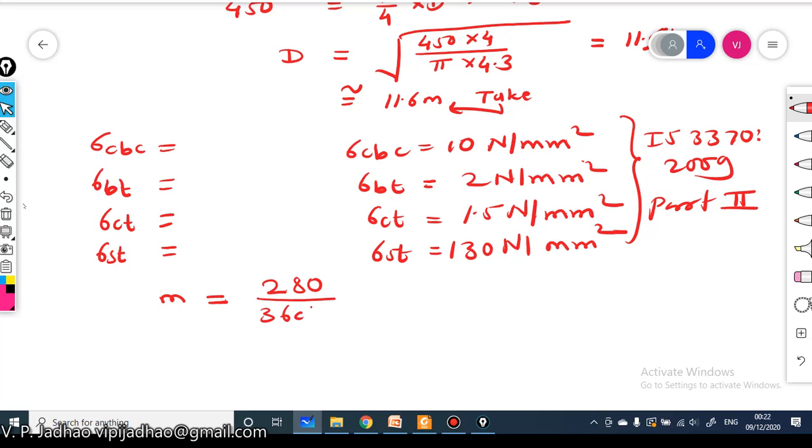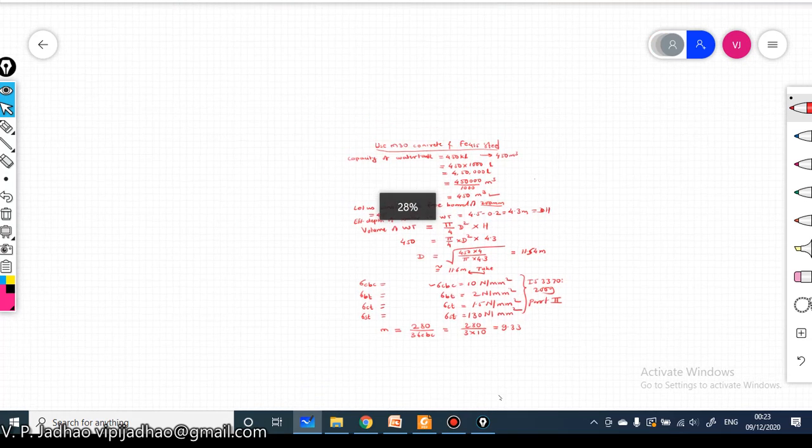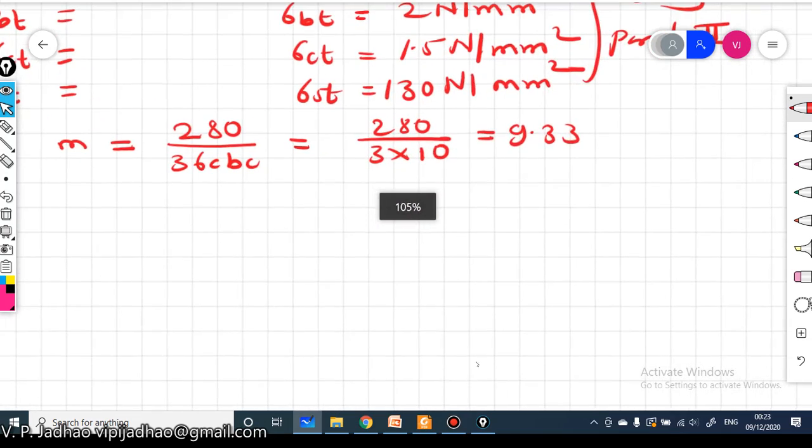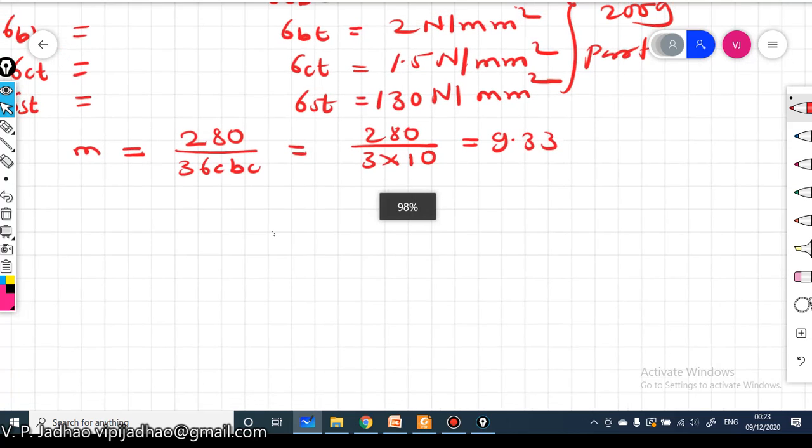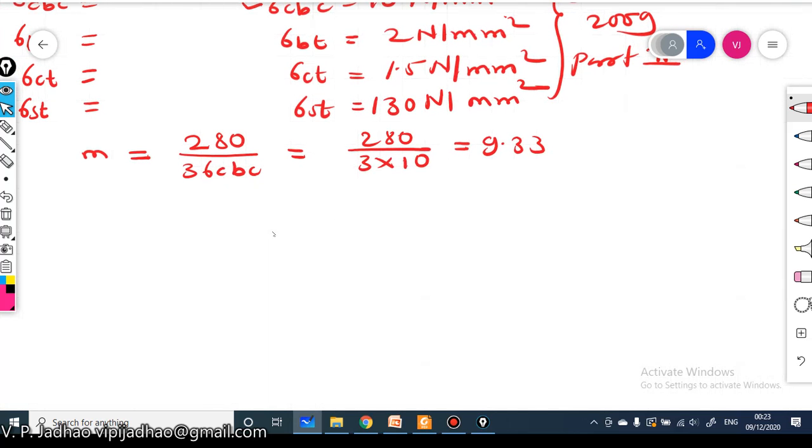So we write 280 divided by 3, with sigma CBC as 10 Newton per mm square, and this is equal to 9.33. So we get the value of m, that is the modular ratio.